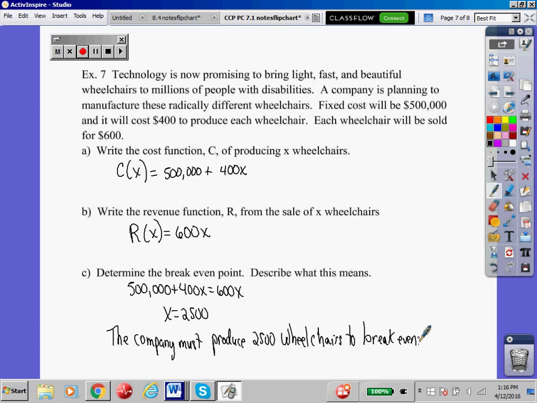Produce and sell 2,500. The revenue, if you put x is 2,500 into either of these, would be $1.5 million.